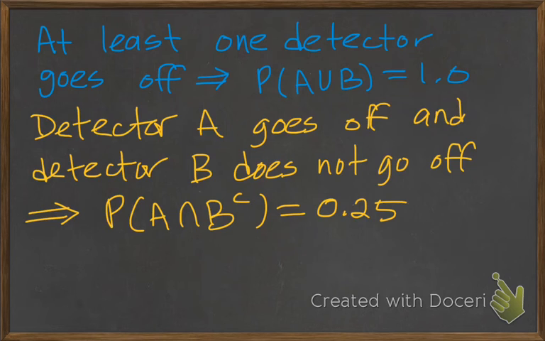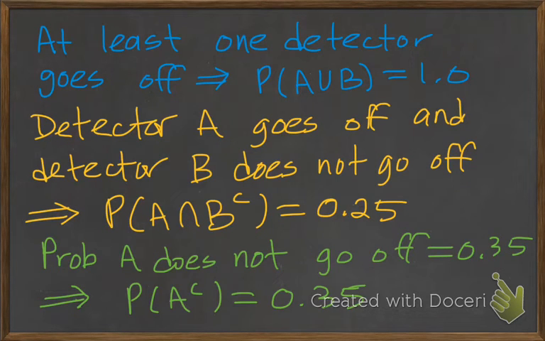We also know that detector A goes off and detector B does not go off with a probability of 25%. So the probability of A intersect B complement is 25%. The third piece of information we were given is that the probability of A does not go off is 35%, or the probability of A complement is 0.35.